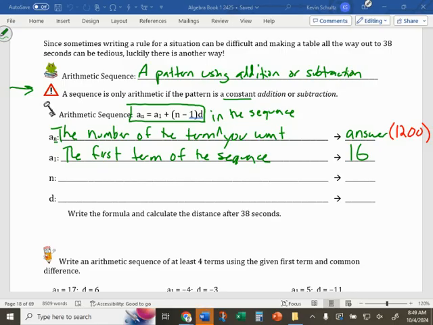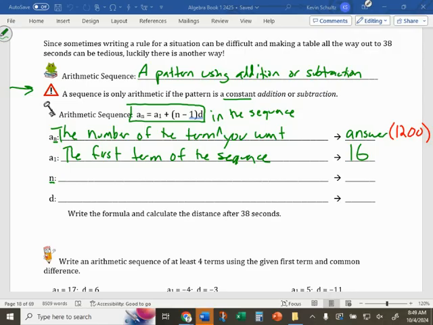This n right here is the same n as you have here. A_n tells you what number of the term sequence you want to find. That number gets plugged in for n in the formula. Whenever you have a formula with the same variable, like we have two n's here, they equal the same thing. Okay? This says find the 38th term.